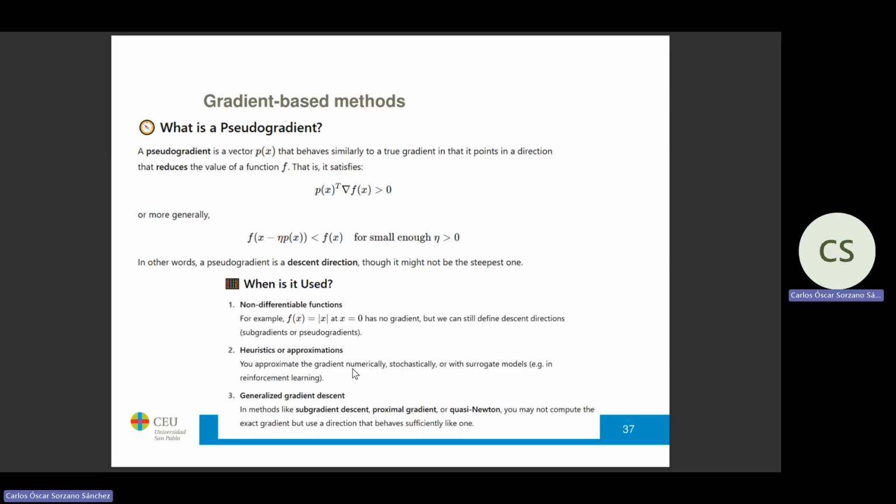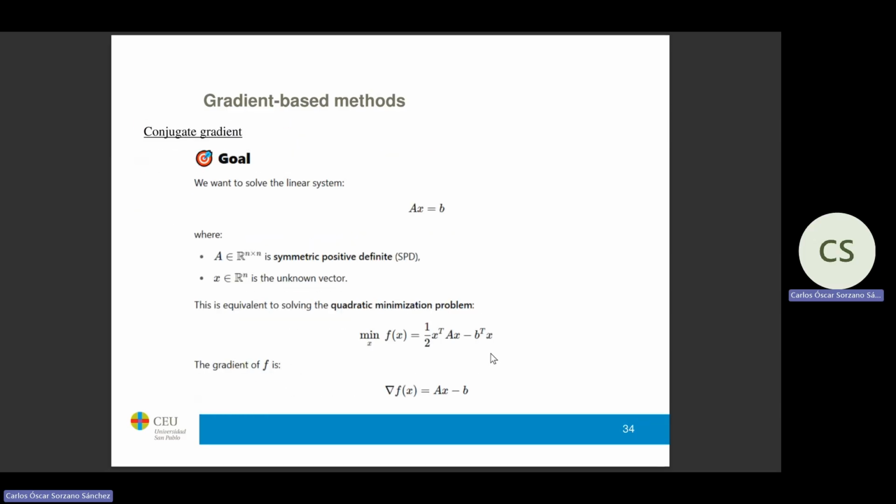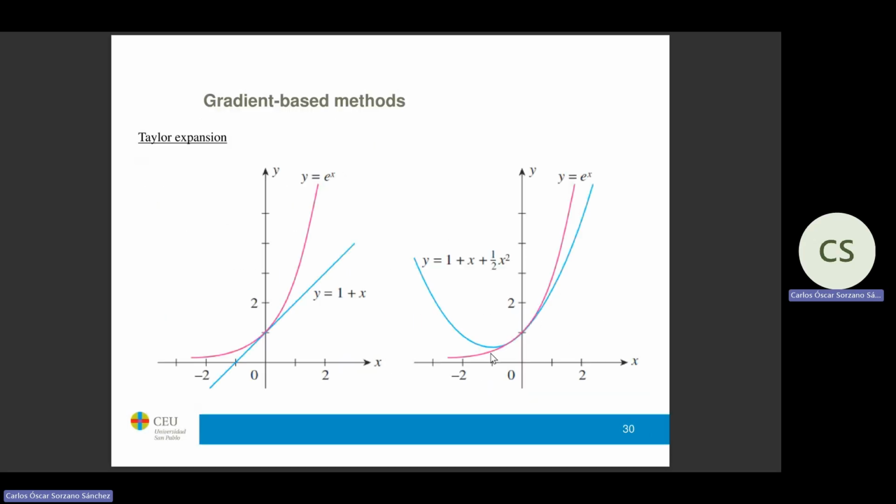Then these numerical gradients are expensive, or the gradient is stochastic because your sampling is random, or the function is expensive, and then you use what are called surrogate models. So a surrogate model is what we showed here. Let's say that the peak function is very expensive to evaluate.